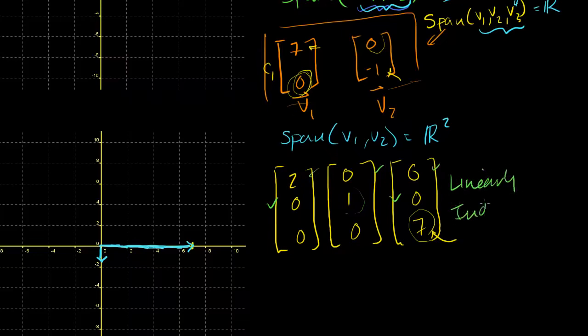Linearly independent. And if you were to graph these in 3 dimensions, you would see that these three do not lie on the same plane. Obviously, any two of them lie on the same plane. But if you were to actually graph it, you get 2, 0, 0. Let me say that that's the x-axis. Then you have this 0, 1, 0. Maybe that's the y-axis. And then you have 0, 0, 7.